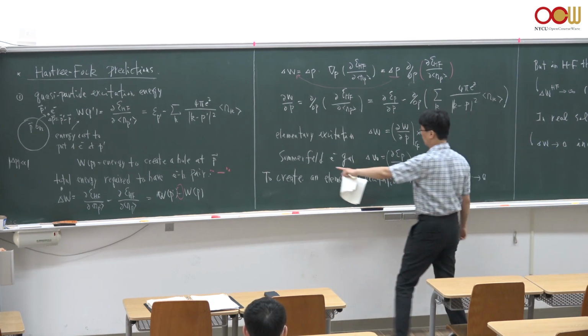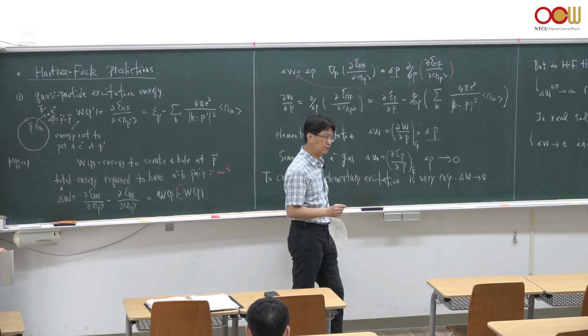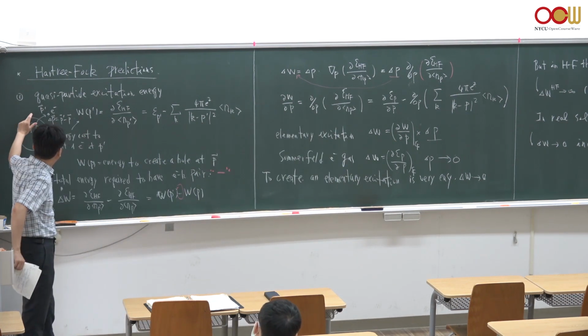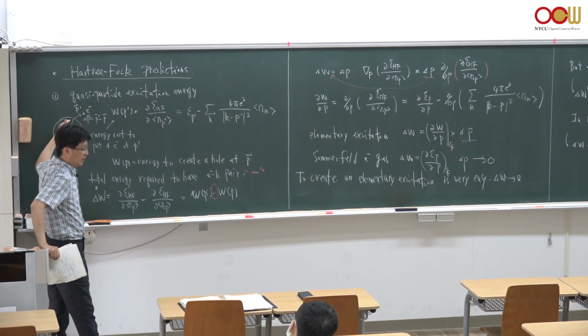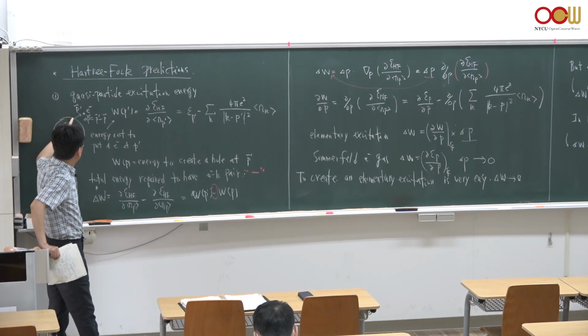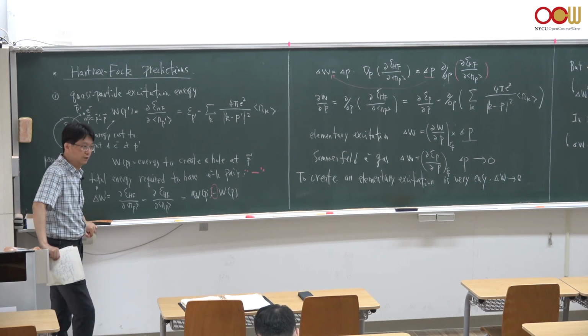For a free electron Fermi gas, we know that the energy required to have such an electron-hole pair is really tiny, because if the electrons are free and they don't interact with each other, as we just argued and calculated earlier, the energy cost to have such a process is really, really small, especially when the electrons are precisely at the Fermi surface, and you know that the quasi-particle lifetime is infinity.